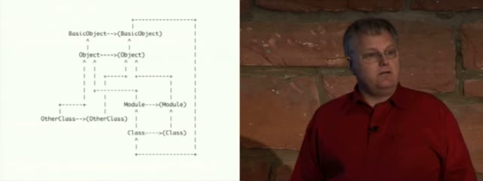Does that make it clear? It doesn't. It's a very awkward diagram to look at because it has all these weird terms. If you actually read the comment that goes along with it, it talks about meta-classes and meta-object protocols and all this kind of stuff. It makes it very, very hard to see.